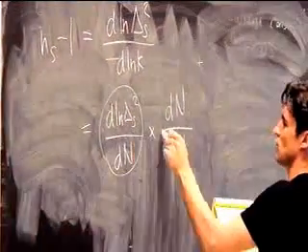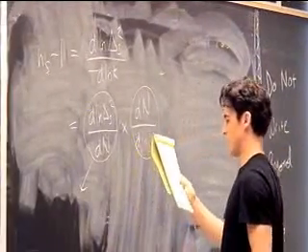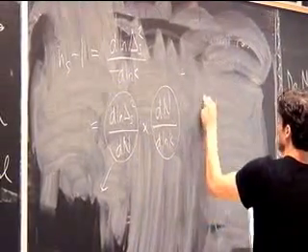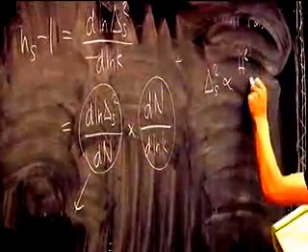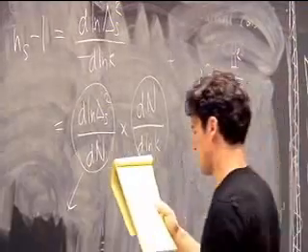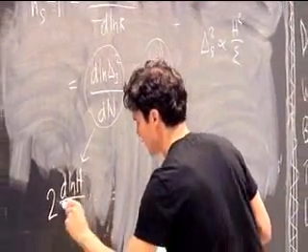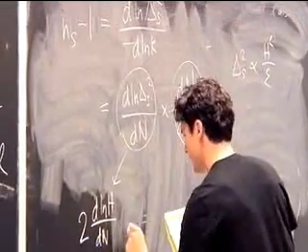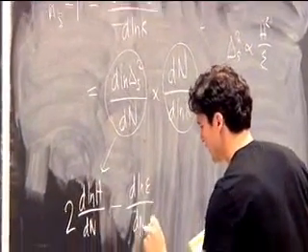Okay, so then let's look at these two factors separately. The first factor: if you remember, this guy here was proportional to H squared over epsilon. So I can write this as two terms, one just 2 d ln H dN, and the second one d ln epsilon dN.